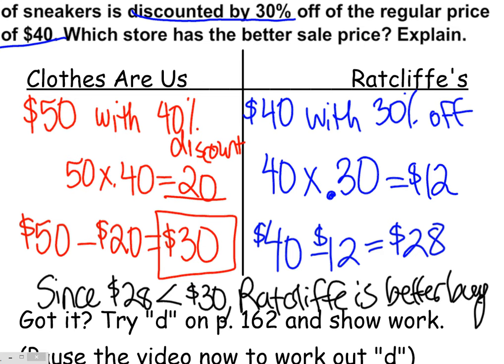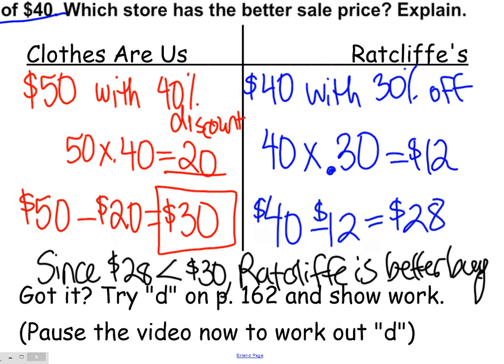So right now I'd like you to try D on page 162, show your work. Now the book solves it slightly differently because there are many ways or strategies of how to solve this. The book solves it by finding the percent of the total price. So for example, 40% off could have also been written as 60%.